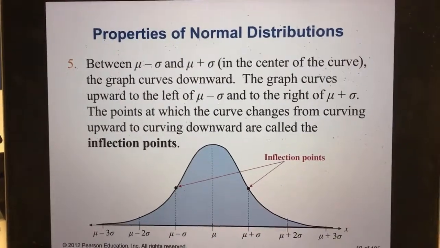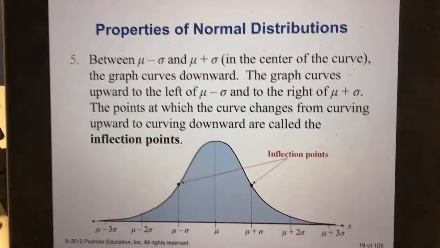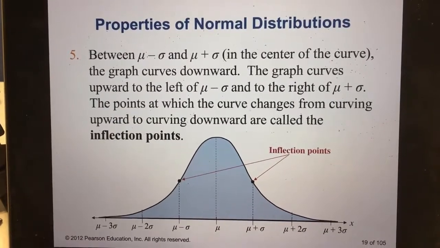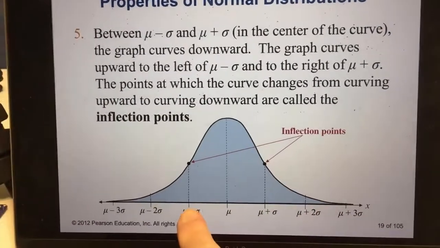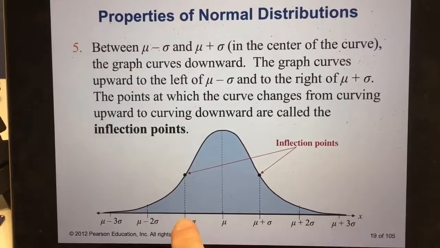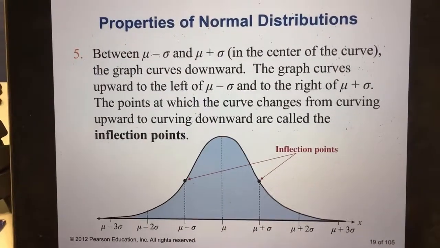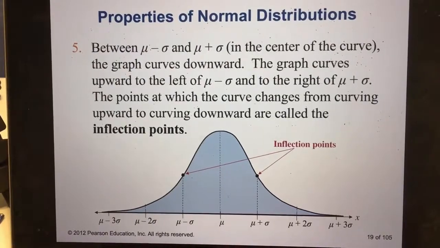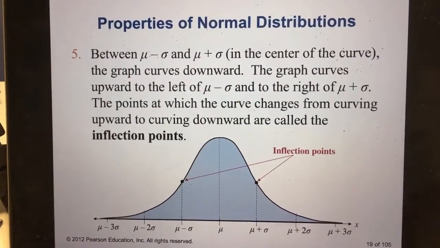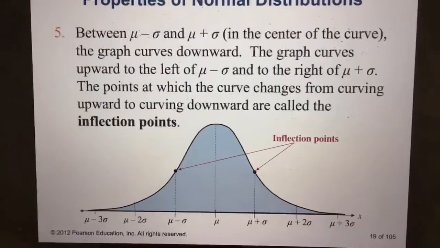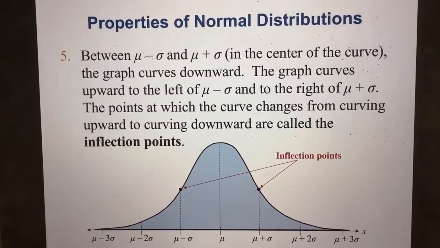So, properties of normal distributions. Between mu minus sigma and mu plus sigma, which is your 1 standard deviation from the mean mark here, you're going to have approximately 68% of all of your data points. Remember that from the empirical rule. But here they're giving you something a little bit different.